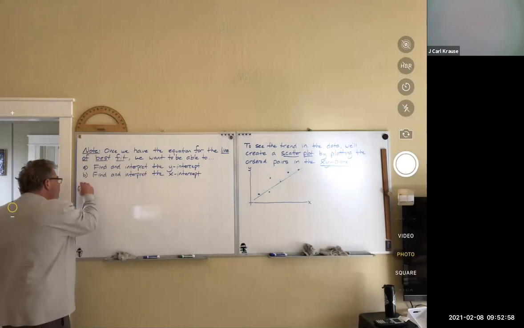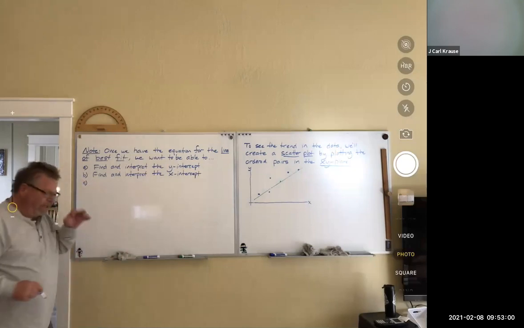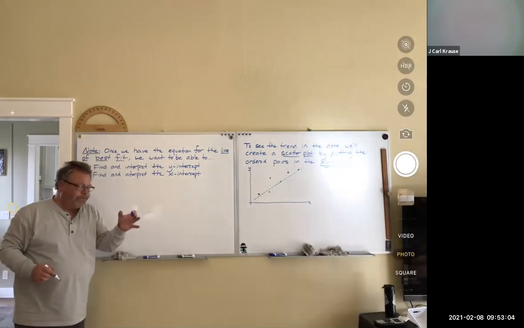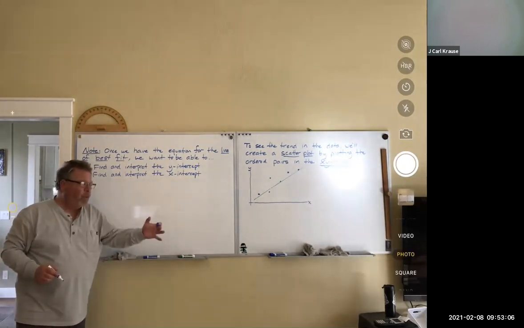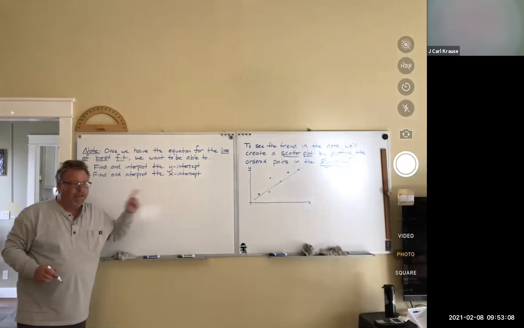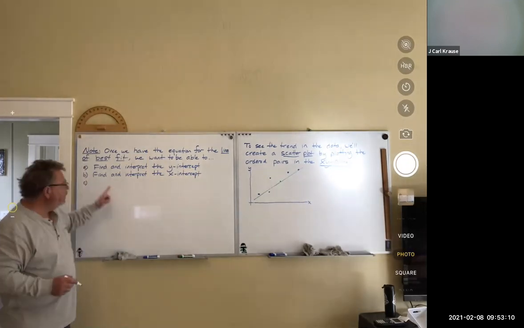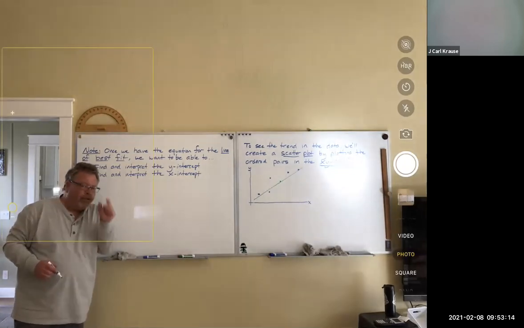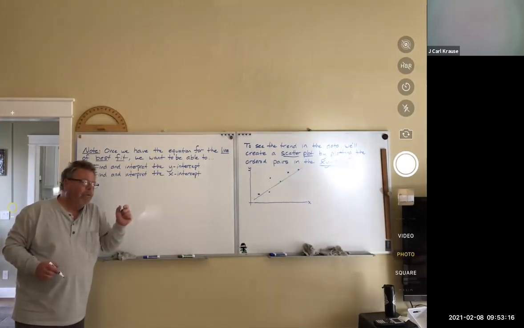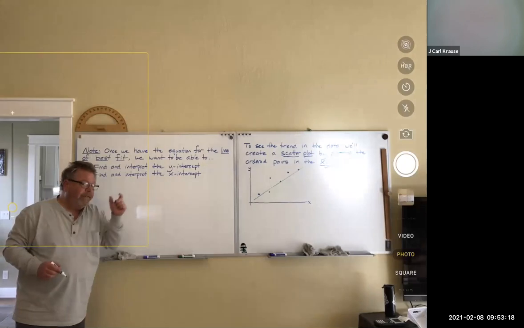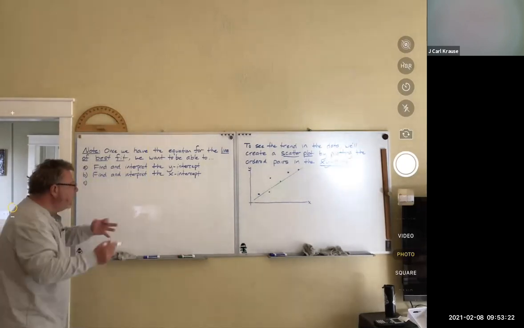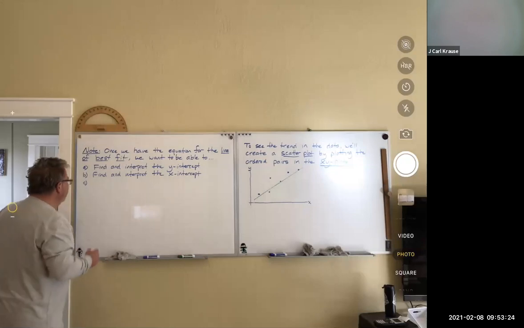And actually let me pause right there. I think we were talking about this last time, I think it was Wednesday. These instructions, find and interpret. Remember, that's a two-step process. There's the find part, and then there's the interpret part. And we need to remember that when we go into this analysis.